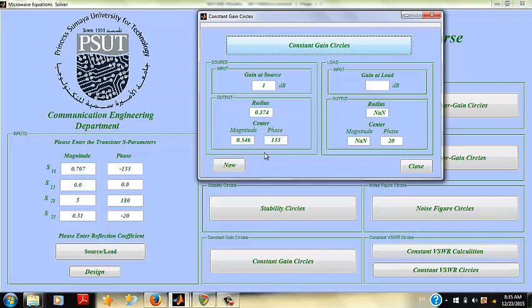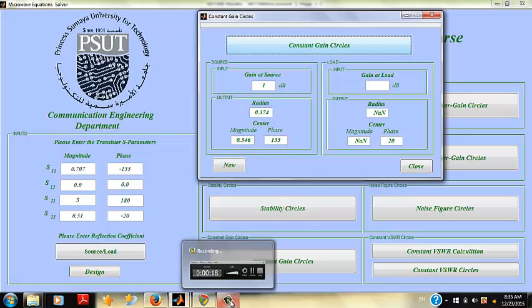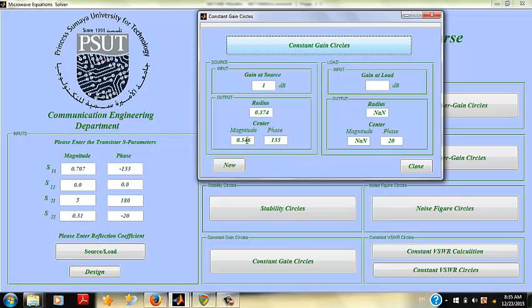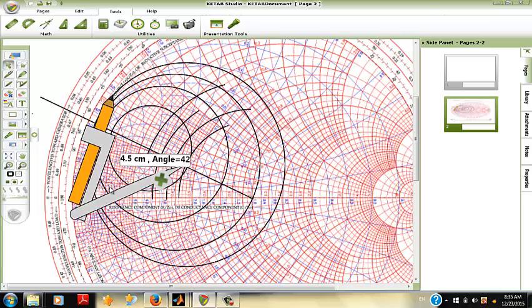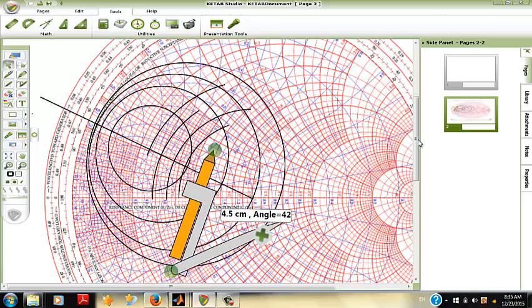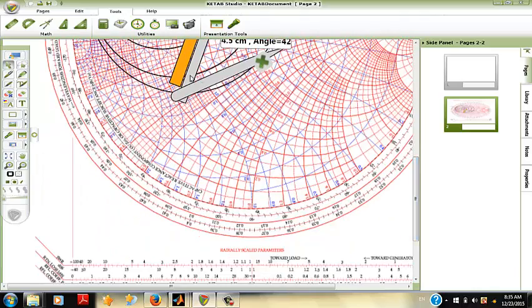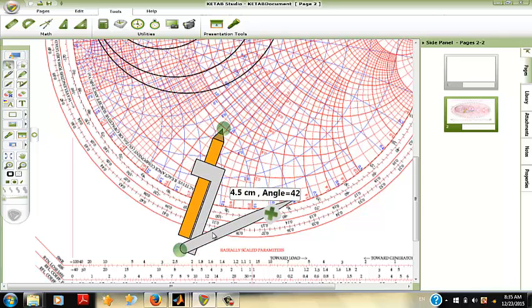The radius 0.374 and the center 0.546. We will draw the 1 dB circle in the Smith chart.